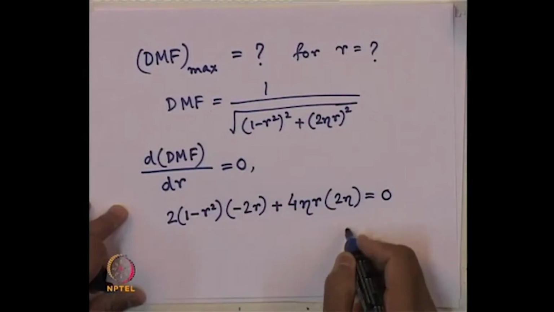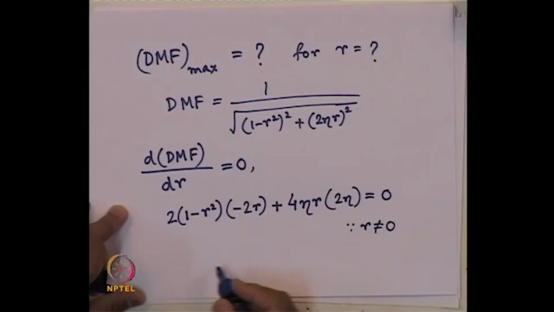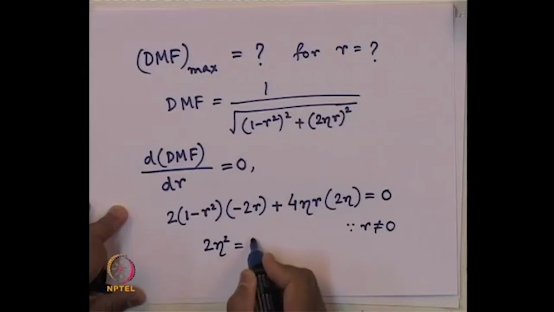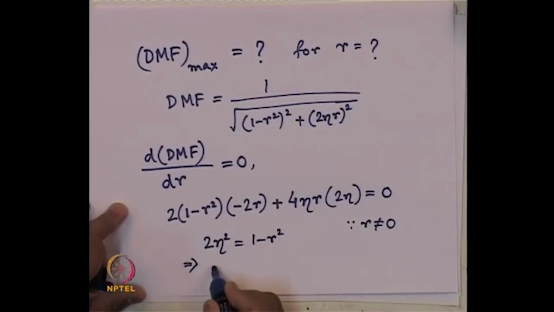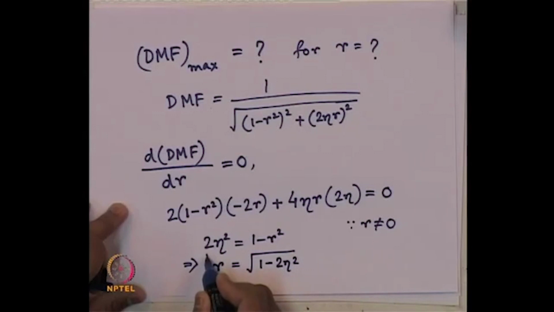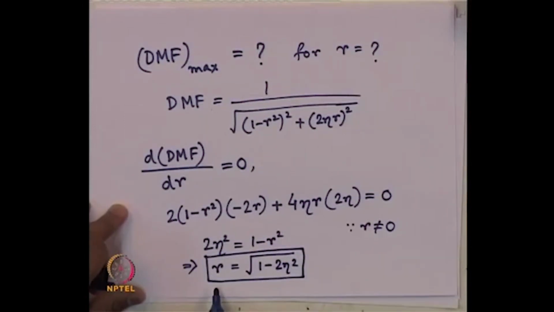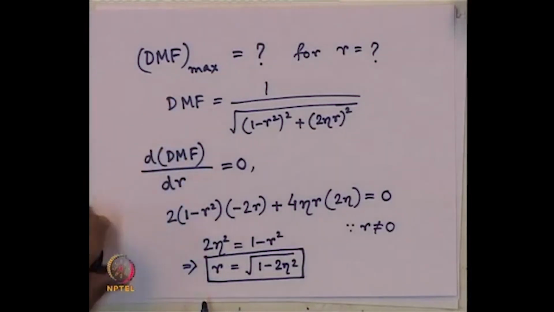Now, r is non-zero. So, we can simplify and write 2 eta square equals 1 minus r square, which gives the value of r as root over 1 minus 2 eta square. So, that is the value of r at which DMF becomes maximum.